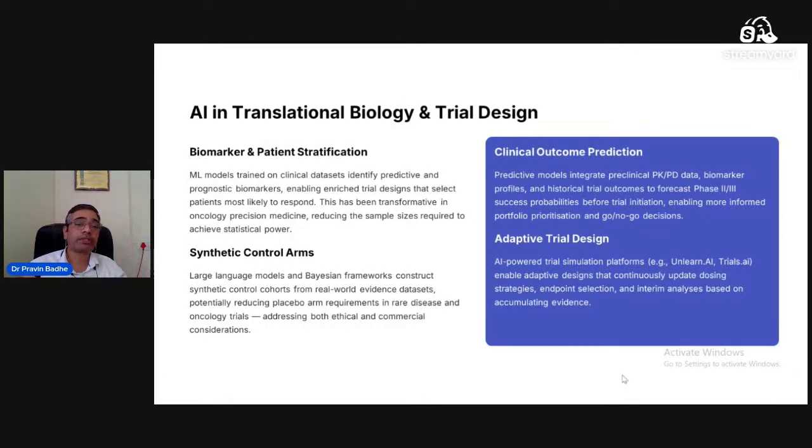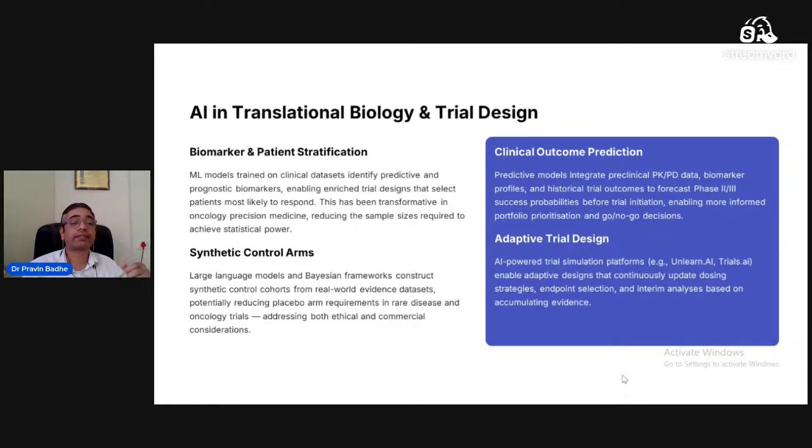So machine learning models are now available which can be trained on clinical data sets, so that they can identify predictive and prognostic biomarkers. It will again help to decide which patients will be selected in the clinical trial, and that way it will help improve the outcome of the clinical trial. That is one thing.